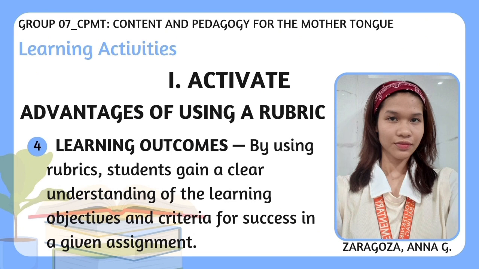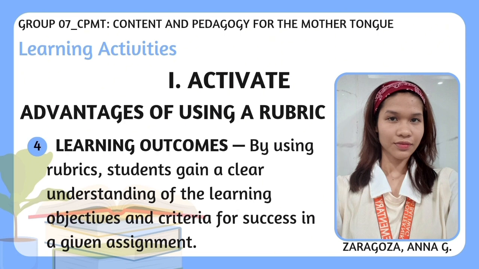Fourth is learning outcomes. By using rubrics, learners gain a clear understanding of the learning objectives and criteria for success in a given activity or assignment. Rubrics communicate the expectations for what students should know and be able to do, helping them align their efforts with the desired learning outcomes.